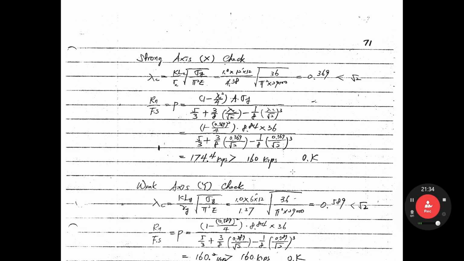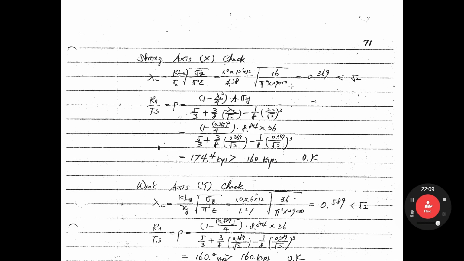And then let's calculate the strong axis first. So we have to calculate lambda c. So it is KL over rx times square root of sigma y over pi squared E. So if you input these values, radius of gyration in the strong axis, square root, yeah, these values, then 0.369 is less than square root 2.